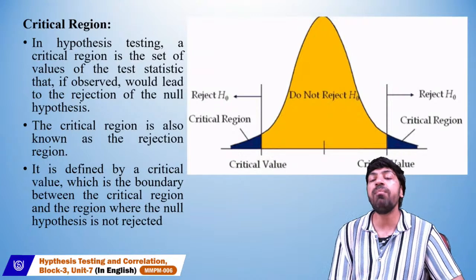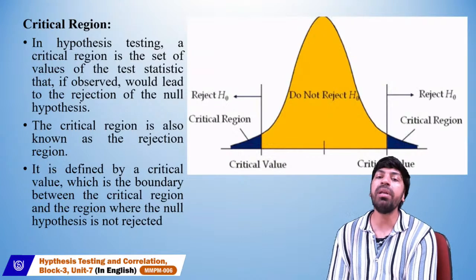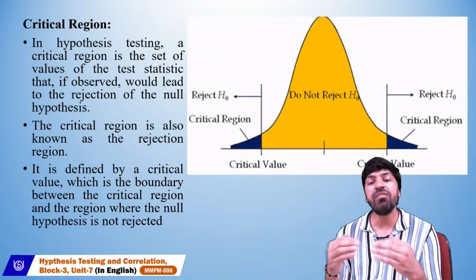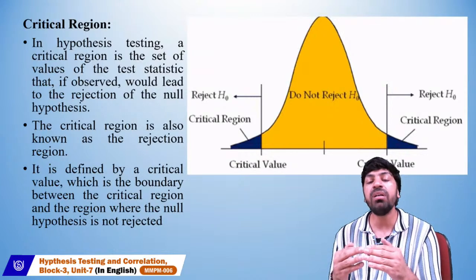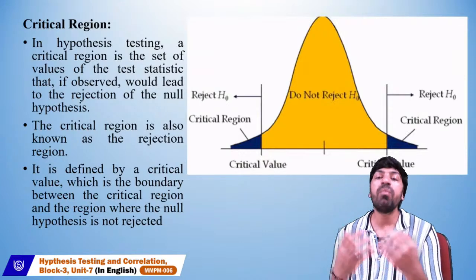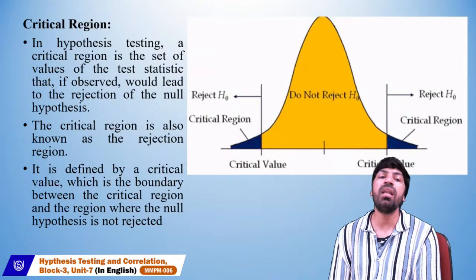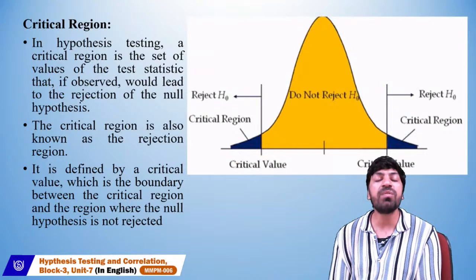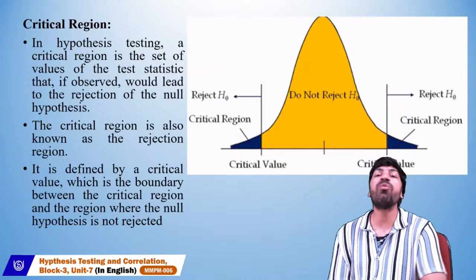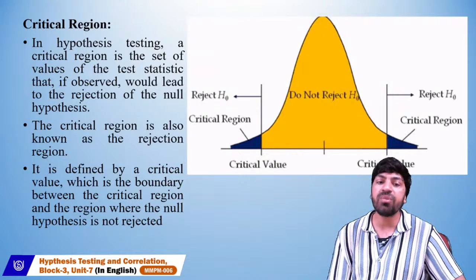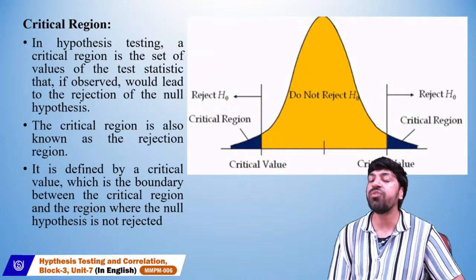If you look at the blue area, it is called a rejection area, or in other words, the critical region. If you look at the yellow portion, where the values fall, we do not reject the null hypothesis. In other words, it is defined by a critical value, which is a boundary between the critical region and the region where the null hypothesis is not rejected.